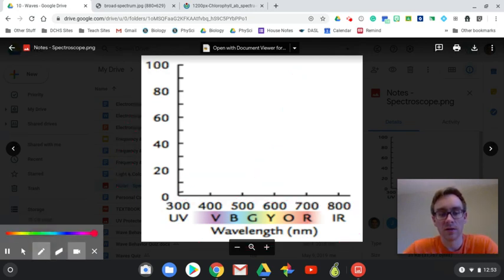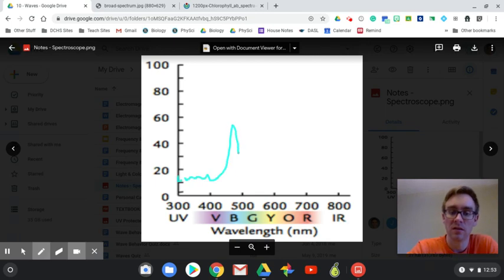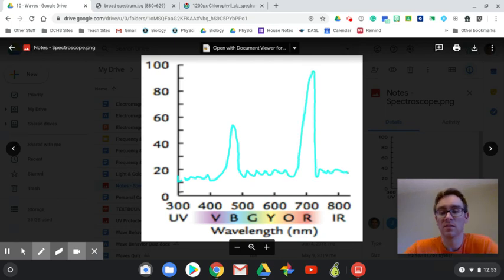So let's pick a different one here. Let's pick this color. We might see kind of a spike here, and so we might get two spikes.